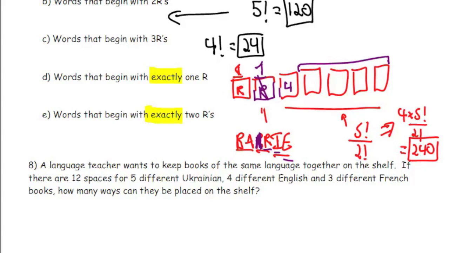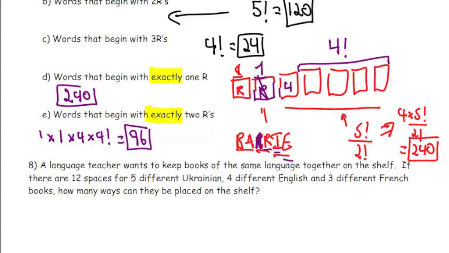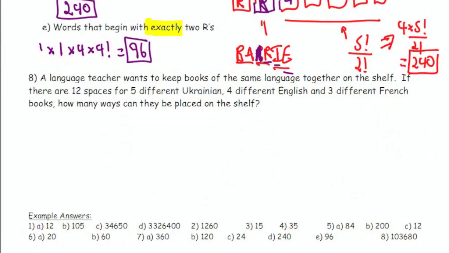Means there's only 4 objects to choose from in the third box, meaning that the remaining permutations that we have to choose from is just 1 r, 1 I, 1 e, and 1 either b or a, or whatever. 4 factorial ways of arranging those. We've run out of identical objects, meaning that words that begin with exactly 2 r's is just 1 times 4 times 4 factorial, which is just equal to 96 permutations.